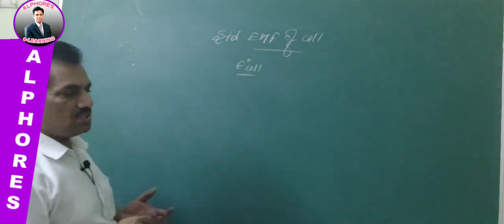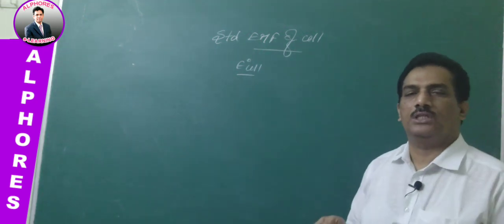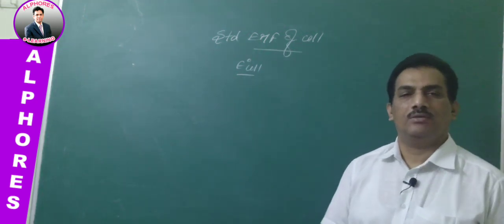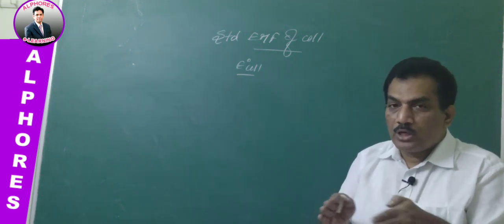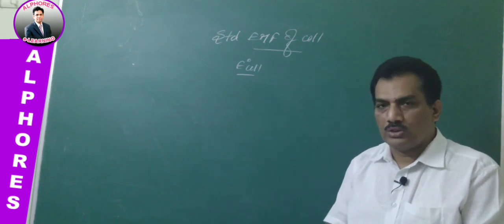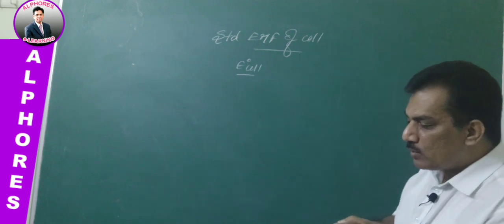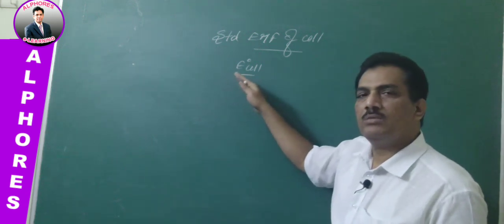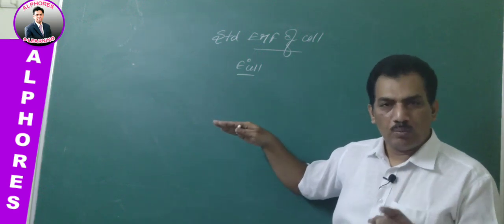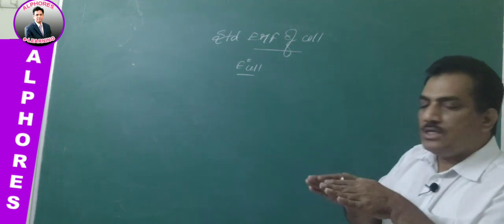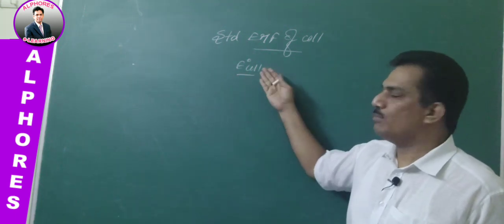If we define it, it is the difference in the electrode potentials of the two electrodes used in the construction of the cell. Again I am repeating, the difference in the electrode potentials of the two electrodes is the EMF of the cell. When those two electrodes are in their standard condition, that is, when the electrolyte solution concentration is 1 molar, then the difference in electrode potentials is known as the standard EMF of the cell.